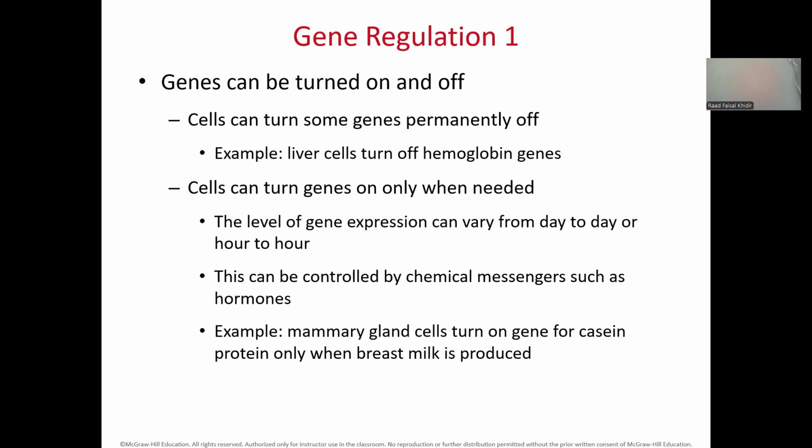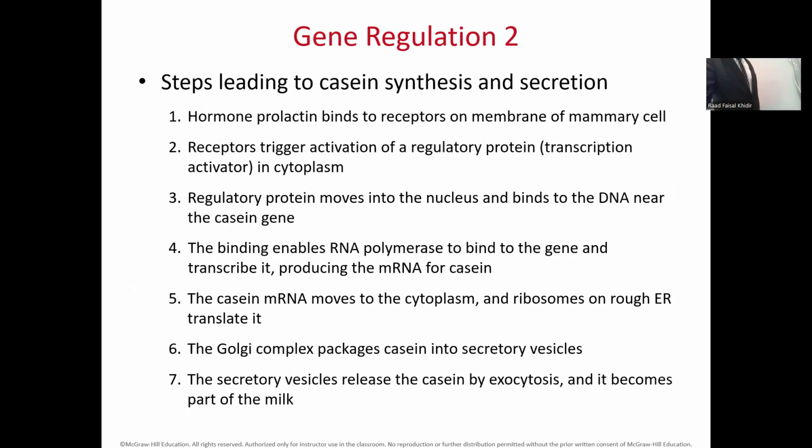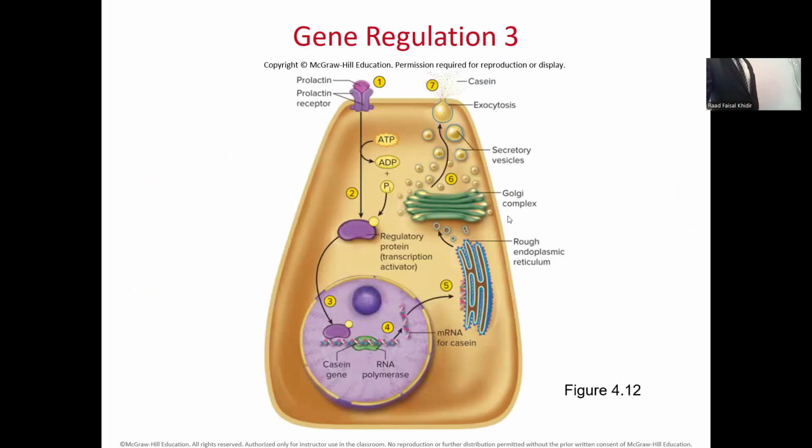The tissue has more protein than the blood, so water is constantly leaking out of the blood into the tissue compartment, causing tissue edema because there's no albumin. So that's an example showing you gene regulation.